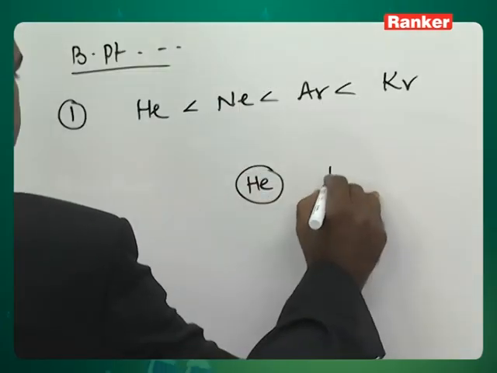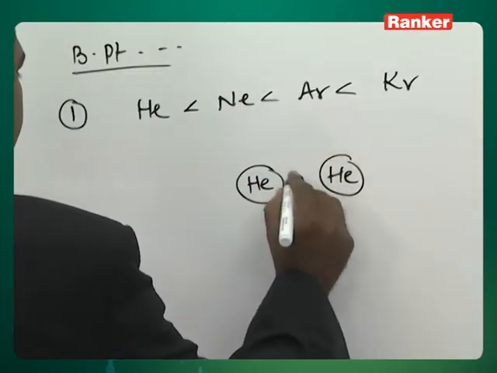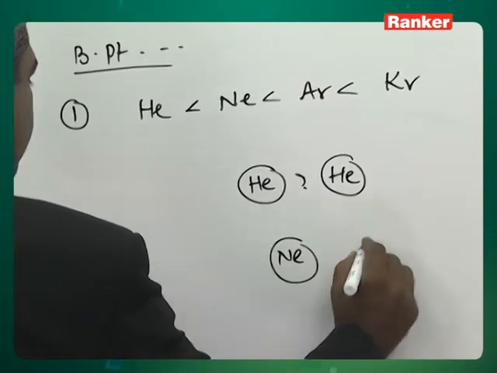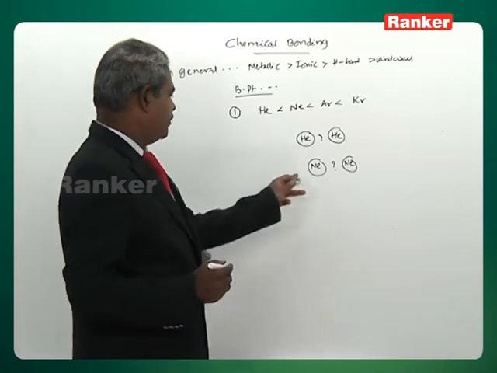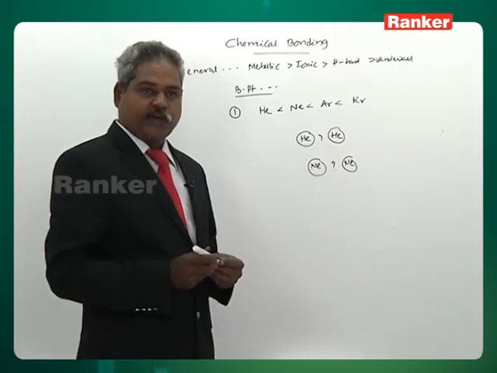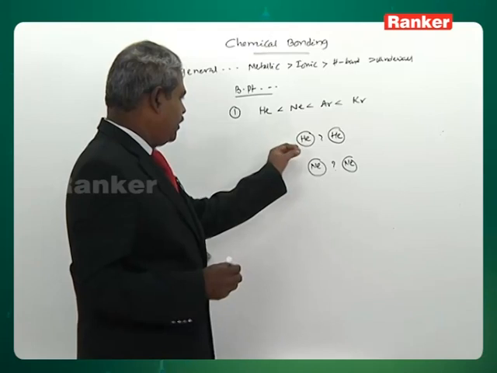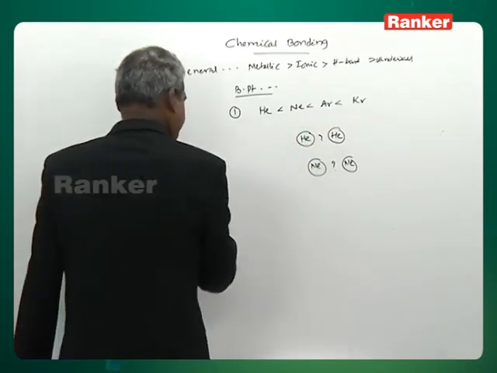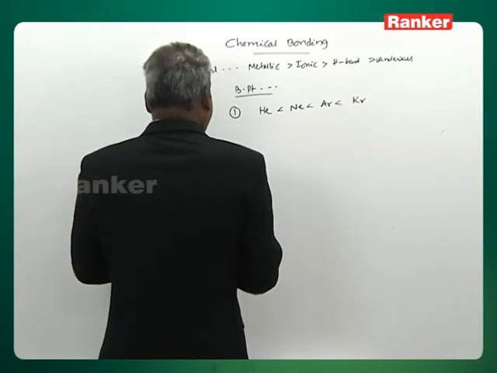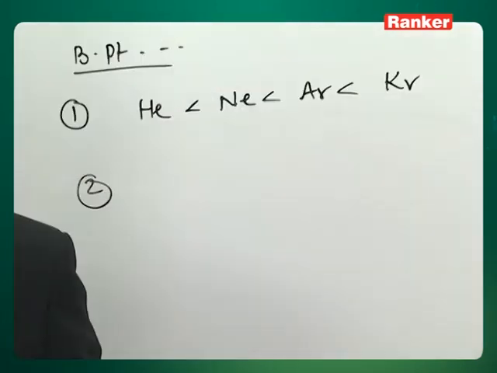What exists between two atoms of helium and two atoms of neon? Nothing. That nothing, of course, is called van der Waals. There is no other force of attraction, and you only have to rely on the mass, van der Waals force of attraction. Now, fluorine, chlorine, bromine, iodine.